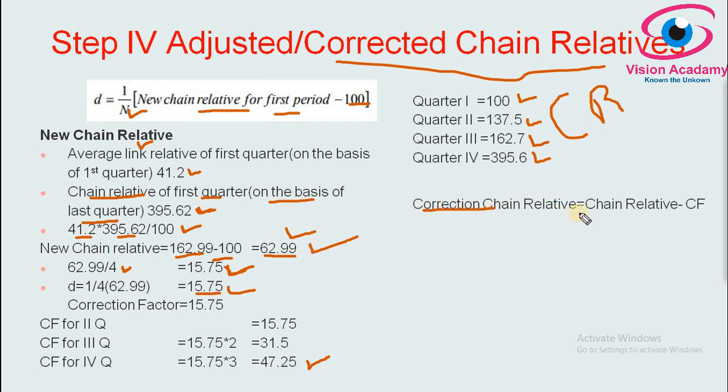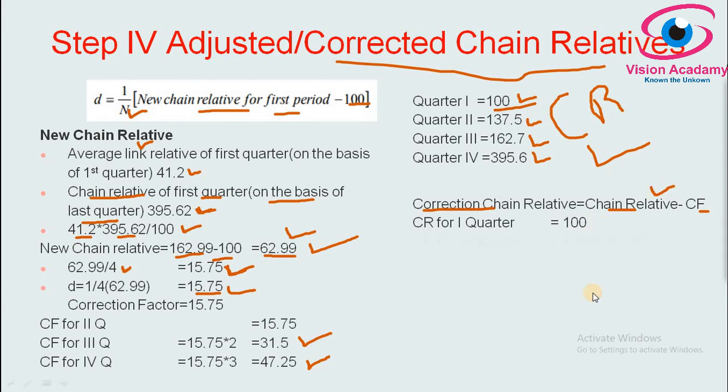Corrected chain relative is equal to chain relative minus correction factor. So here we have the chain relatives of the respective quarters, and here we have the correction factor. When we subtract the correction factor from the chain relative, we will obtain the corrected chain relatives. Let us apply this. For the first quarter, the chain relative is 100, and since we don't have a correction factor for the first quarter, the corrected chain relative for the first quarter is 100 only.